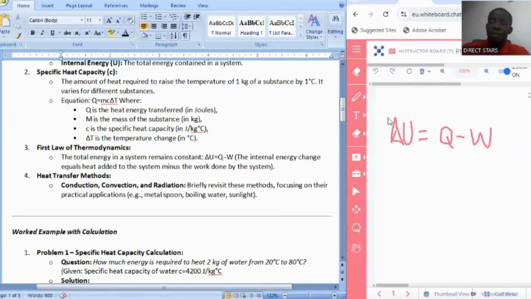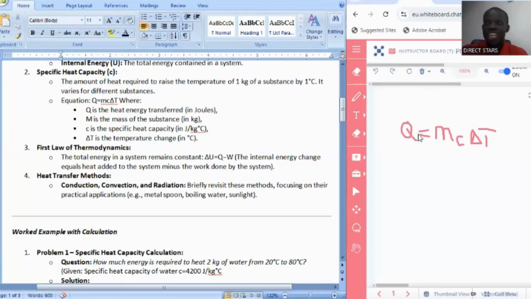Today we are going to concentrate more on calculating the specific heat capacity of an object. So let me bring back this formula for calculating the specific heat capacity, which is Q equals M C and the temperature change.